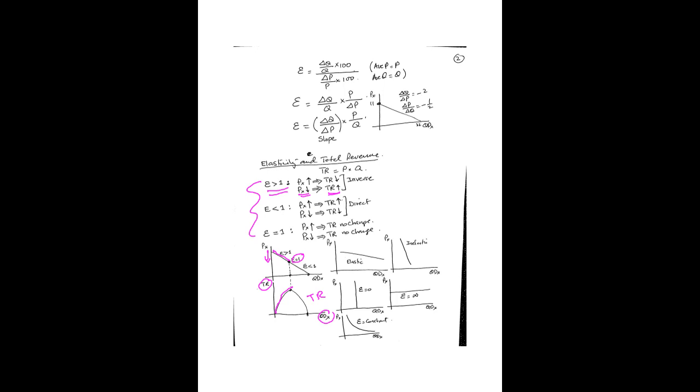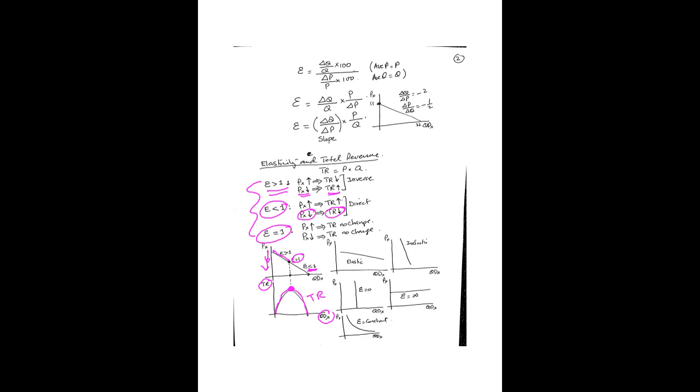So it is the maximum point. Then in this region, when elasticity is less than 1, inelastic, if you decrease price, because we're moving in this direction, total revenue will decrease. The total revenue starts decreasing. So this is the total revenue curve. It's an inverted U shape.